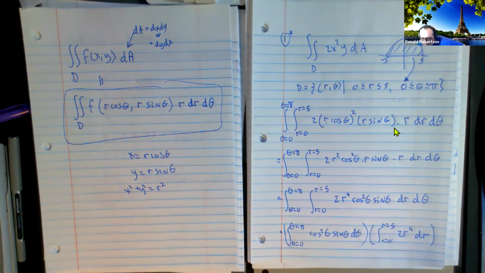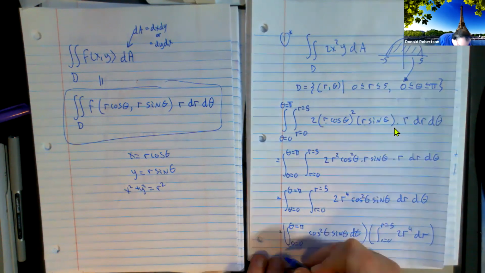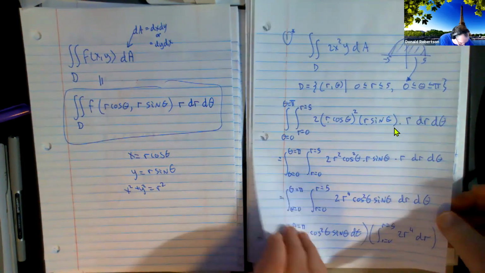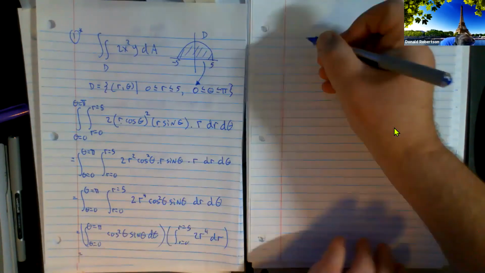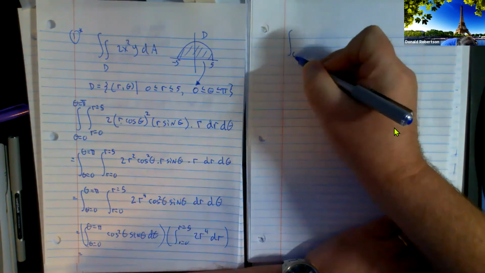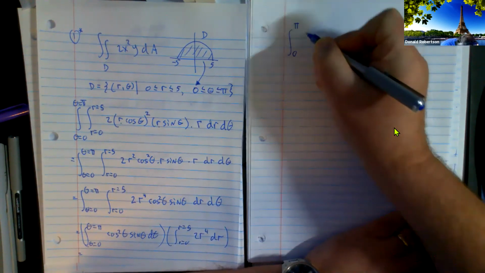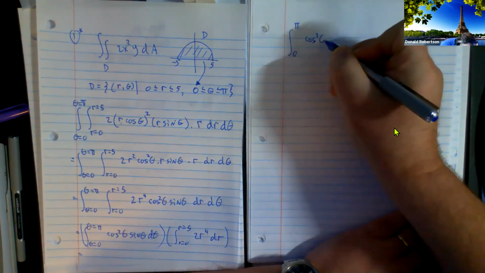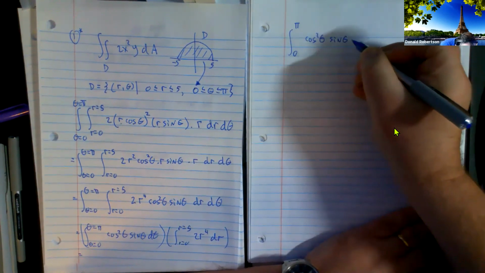Now, what we've essentially done here by separating out the integral is created two Calc 2 questions. I got this guy and I got this guy. Now, I don't have an awful lot of room, so I'm going to do each one over here. So from 0 to pi, cos squared theta, sine theta, d theta.